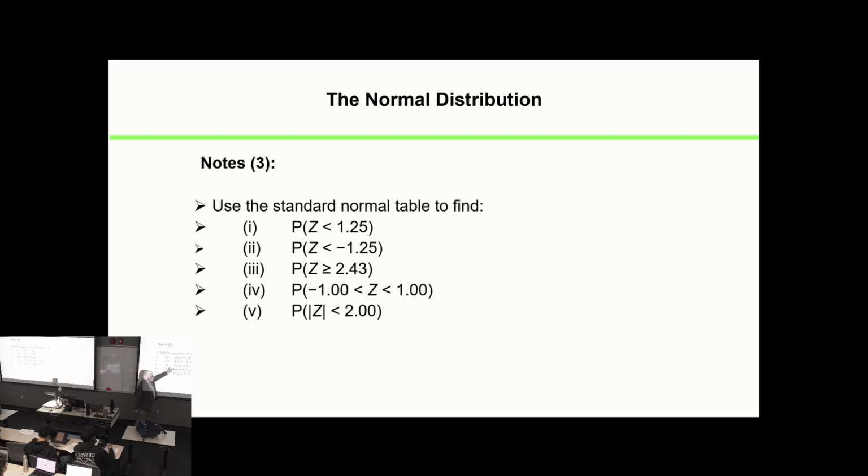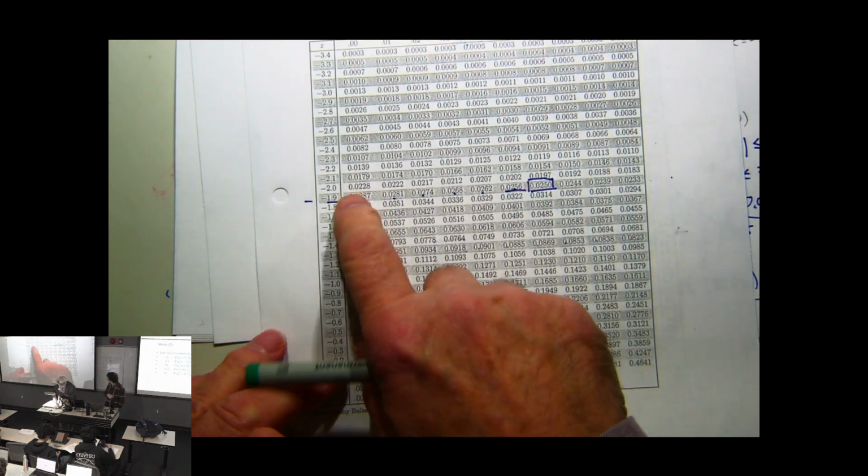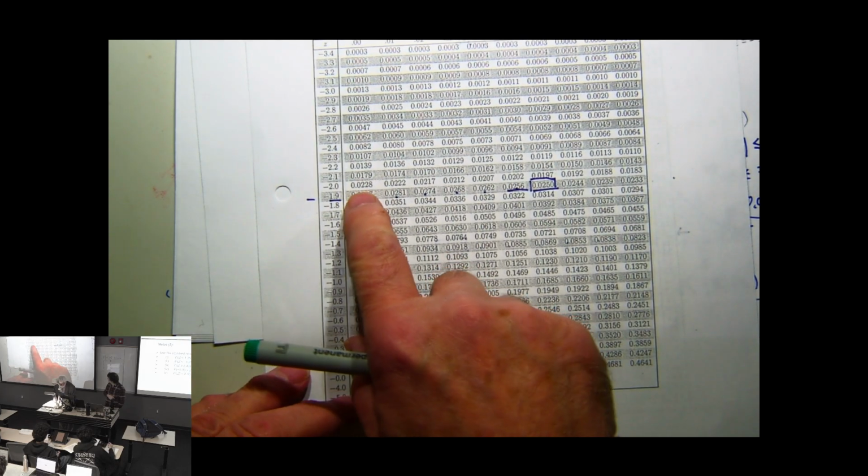This could be written as the probability the absolute value of z is less than 2. We could have gone to the 2 and found 0.9772, and then subtracted the probability z is less than negative 2, which was 0.0228.